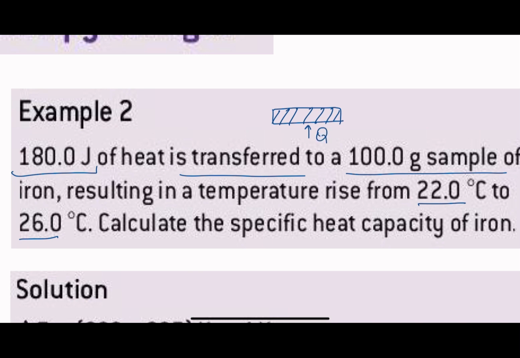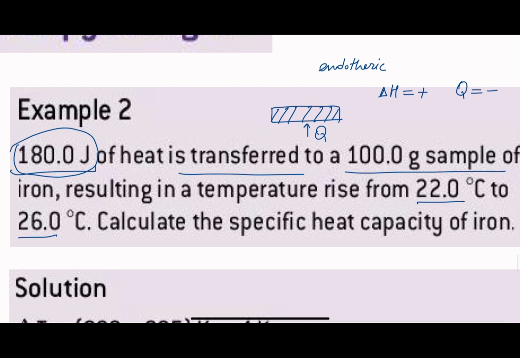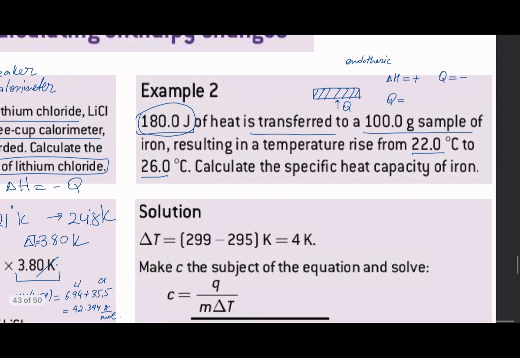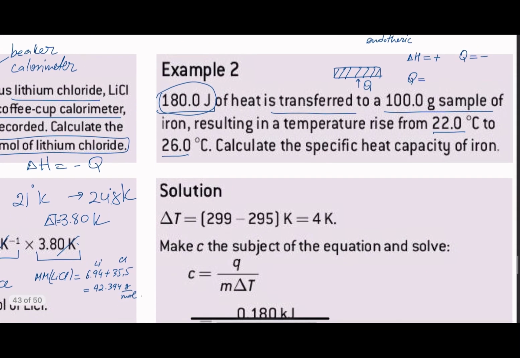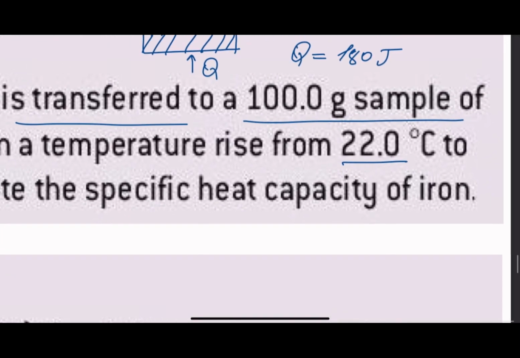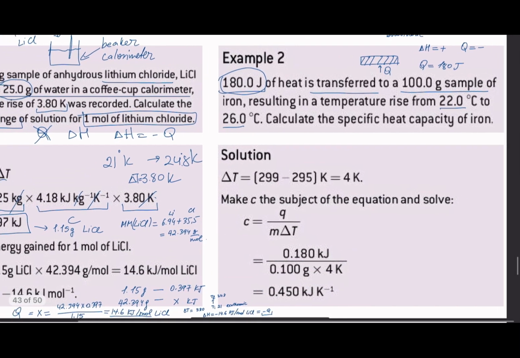Meaning your system is an endothermic process. So your delta H is going to be positive and your Q is going to be negative, right? So you know the Q, which is right now 180 joule. That is your Q.